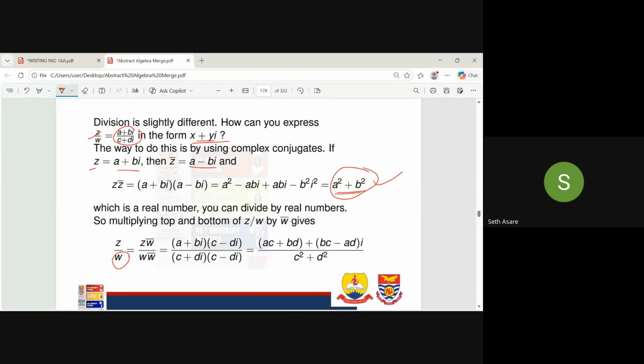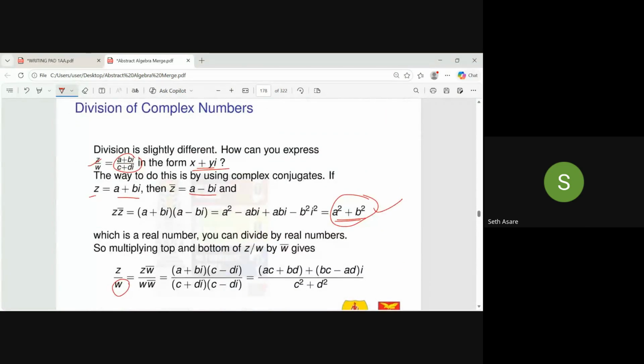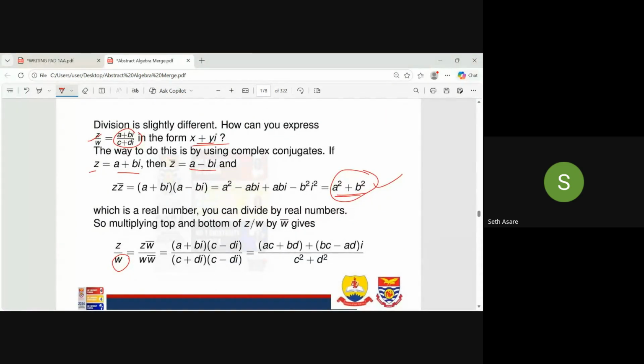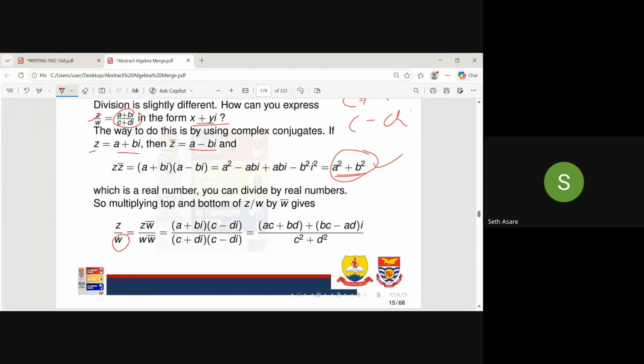Where is w? Yeah, w is c plus di. So its conjugate will be c minus di. Therefore, we are multiplying the numerator by that, and also multiplying the denominator by the same thing.